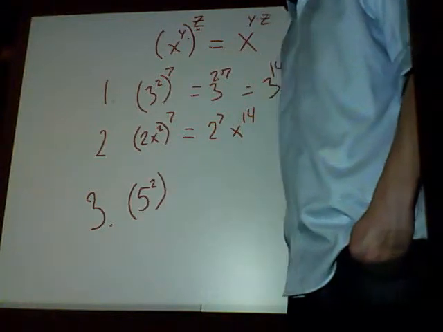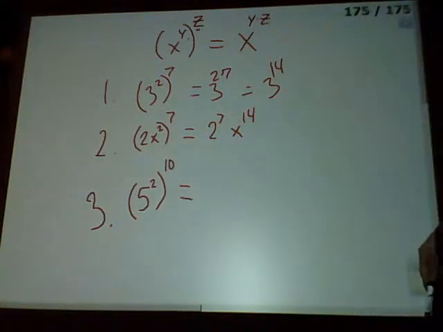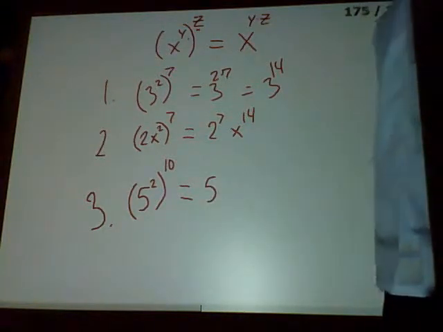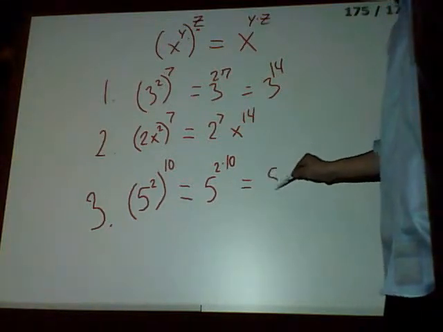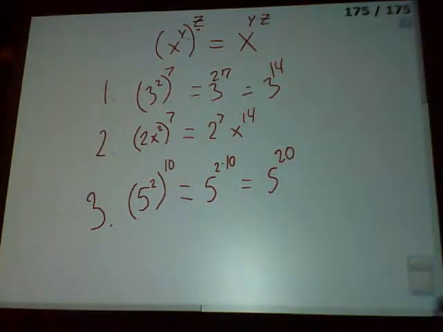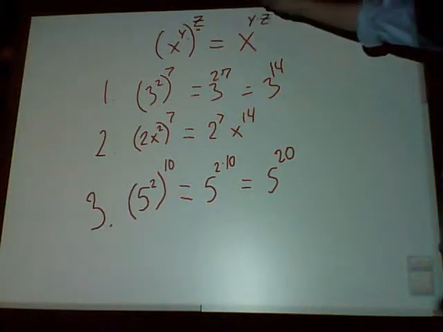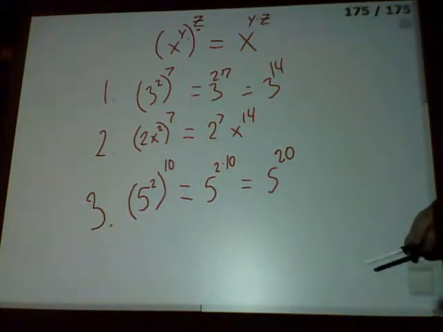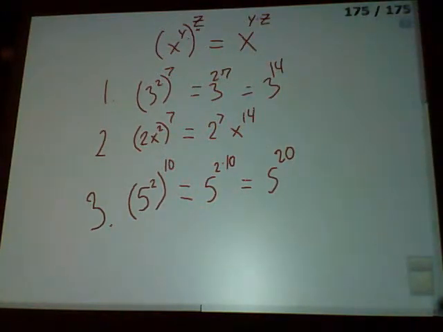Let's do 5 squared to the 10. So what's that make us? It means 5 to the 2 times 10. And what's that make? 5 to the 20. Okay, so hopefully you guys can remember what's going on. You have to multiply exponents if they're outside of the parentheses. You multiply them together, and then you have your answer, all right?